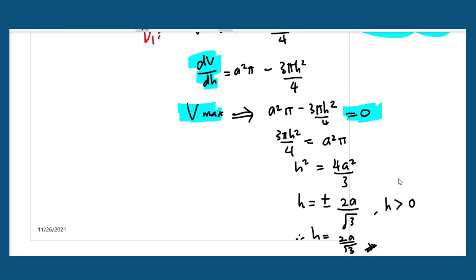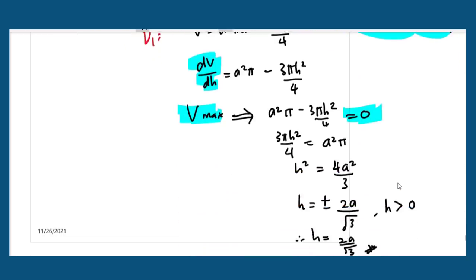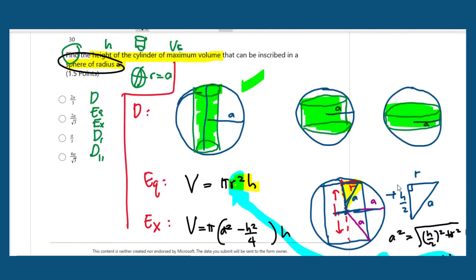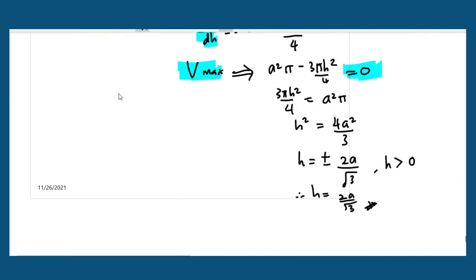Since this is an objective, you get one answer only for h. You can skip checking the d double prime, but I just want to show you this one.